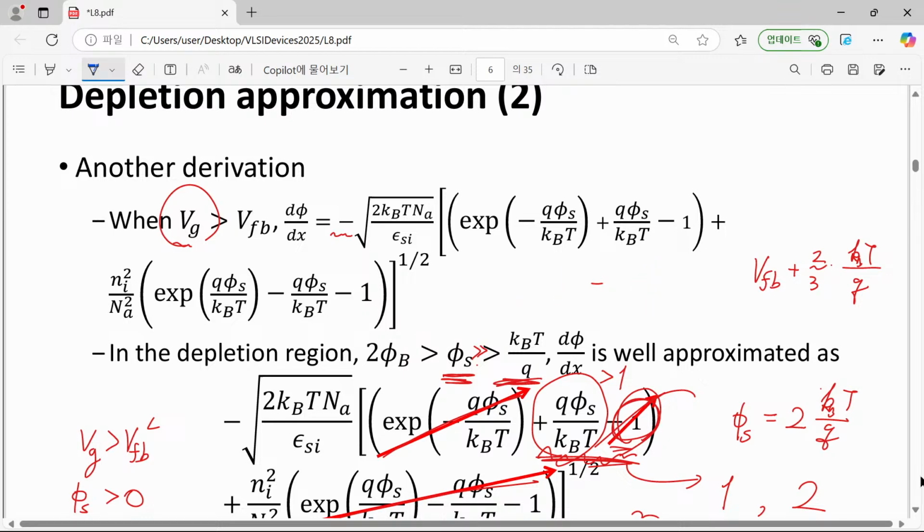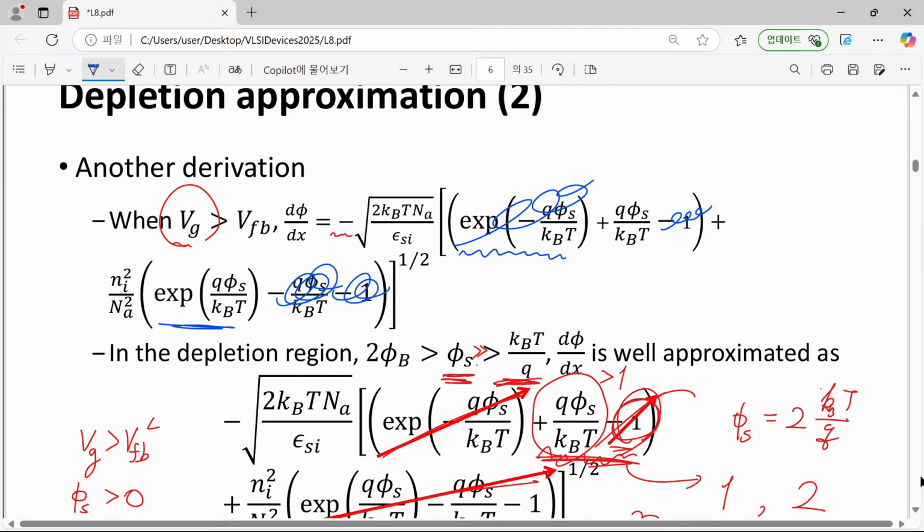Which term is important? This one exponential function doesn't play any role, and we can also neglect this minus 1. And now this number is quite important. However, compared with this exponential term, this one is not important at all.